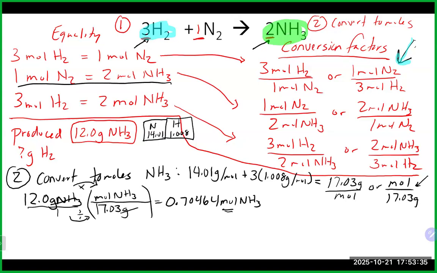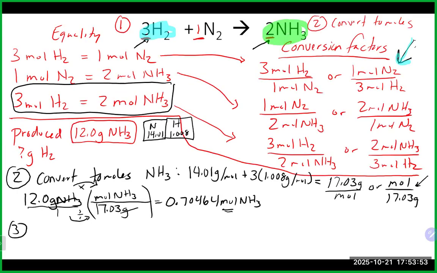It is this relationship that we saw earlier that gave us 2 conversion factors. Once again, always take that dimensional analysis approach. Let me move it to the next page. So we have 0.70464.